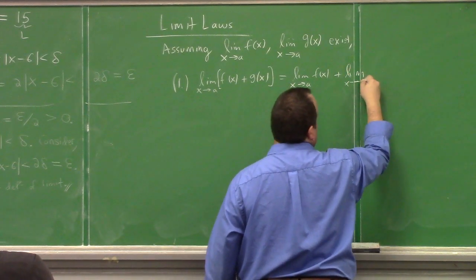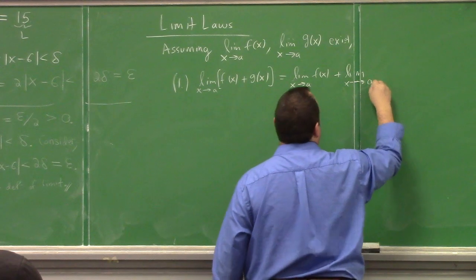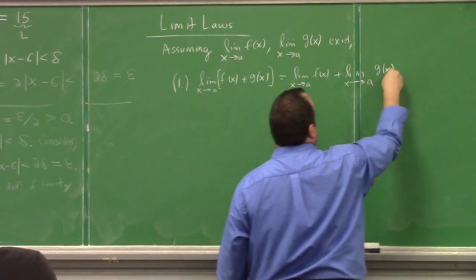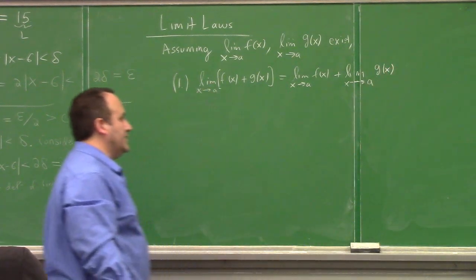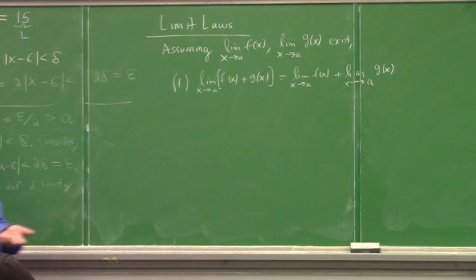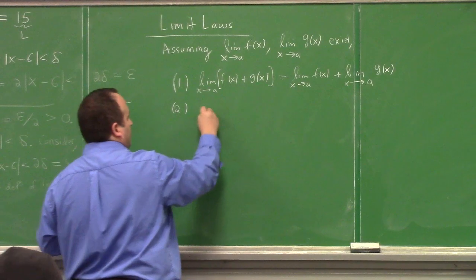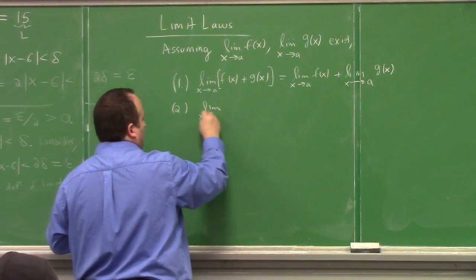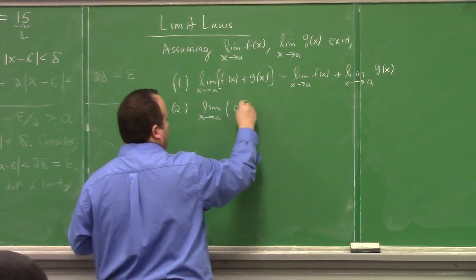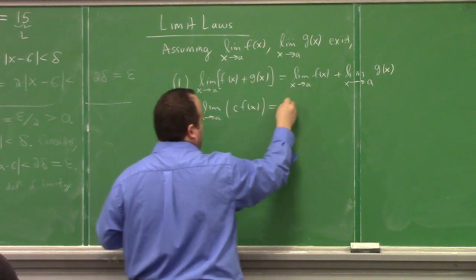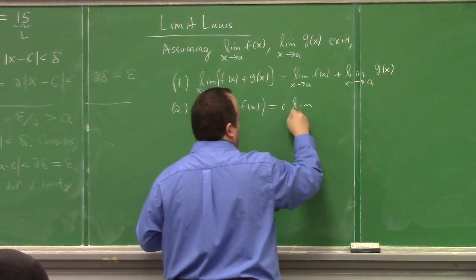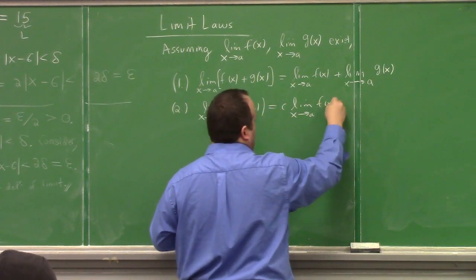Oh, that's cool. You can actually write on this thing. So the limit of the sum is the sum of the limits. So we can break up across addition. We can also pull constants out. The limit as x goes to a of c times f of x is equal to c times the limit as x goes to a of f of x.